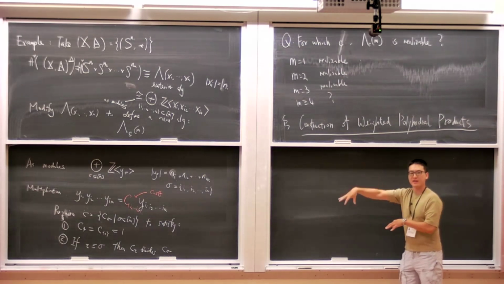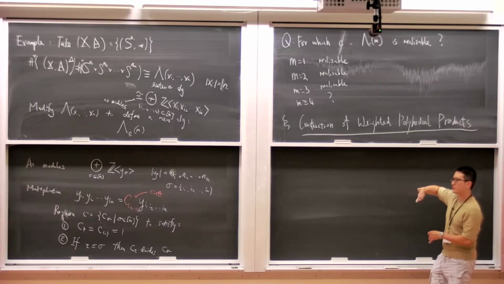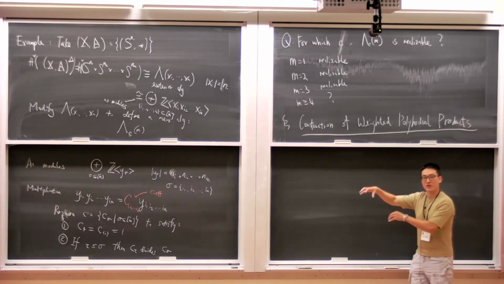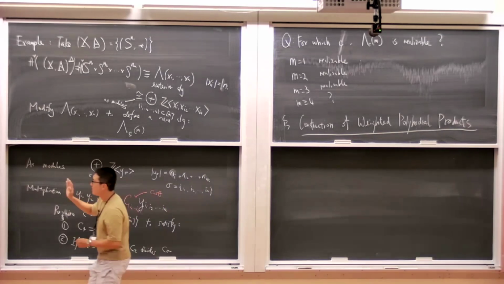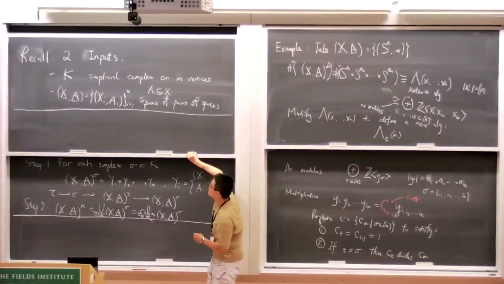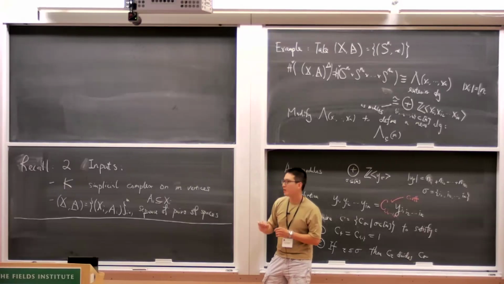But when we add cells, we always precompose by some degree maps in order to construct something new. Okay, so let's go back to the previous board. So we try to modify the definitions of a polyhedral product.